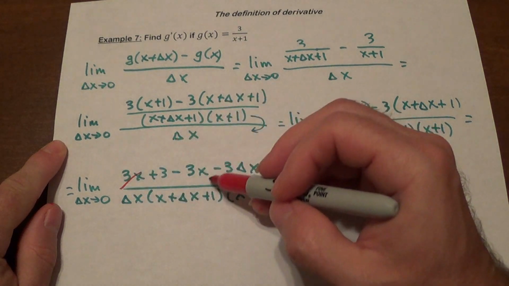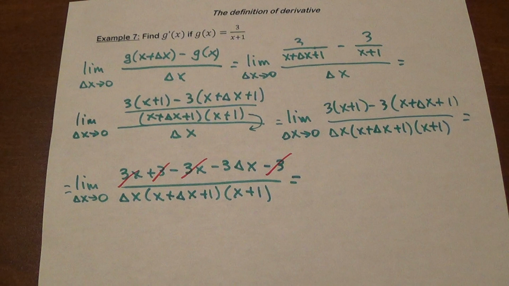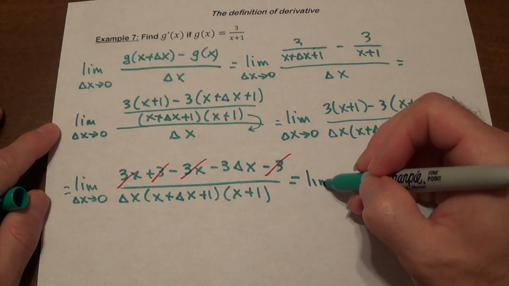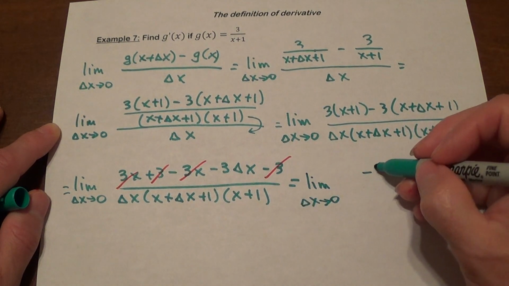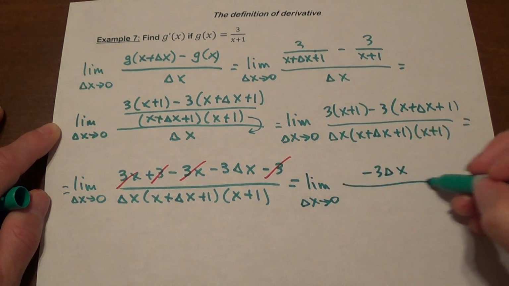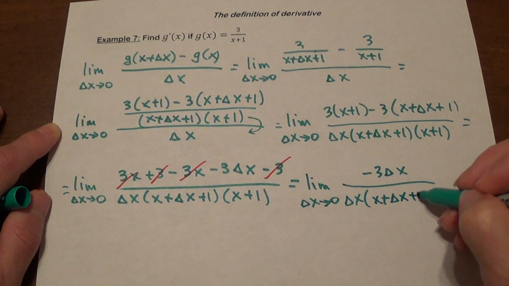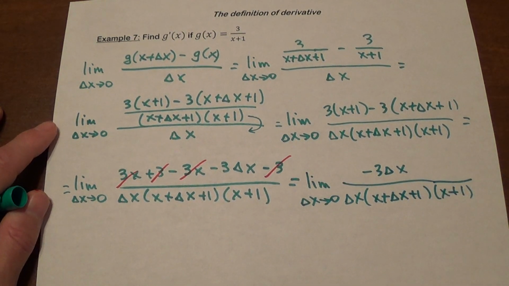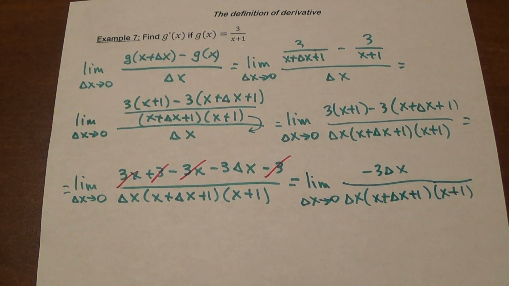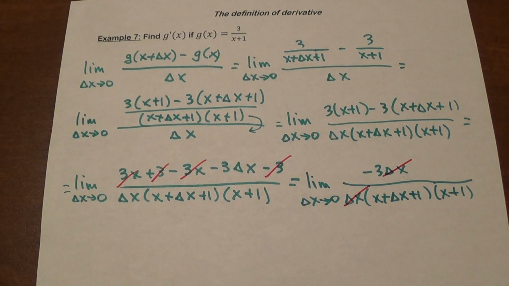So we got 3x and negative 3x, we got 3 and negative 3. So the only term on top has the delta x. Let me rewrite that to make it a little bit less scary. So we have negative 3 delta x in the numerator over delta x times x plus delta x plus 1 times x plus 1. So you can see that delta x and delta x are going to cancel each other.